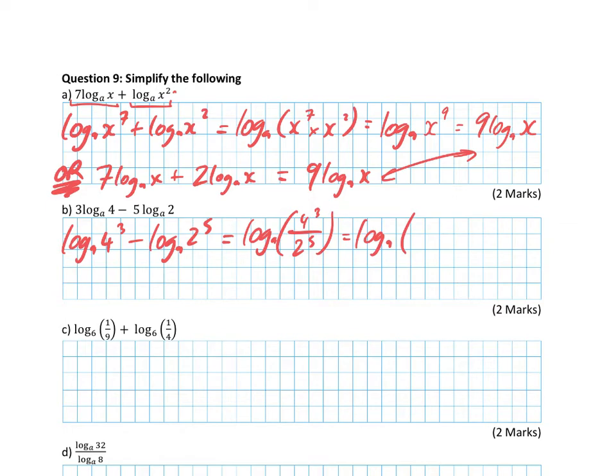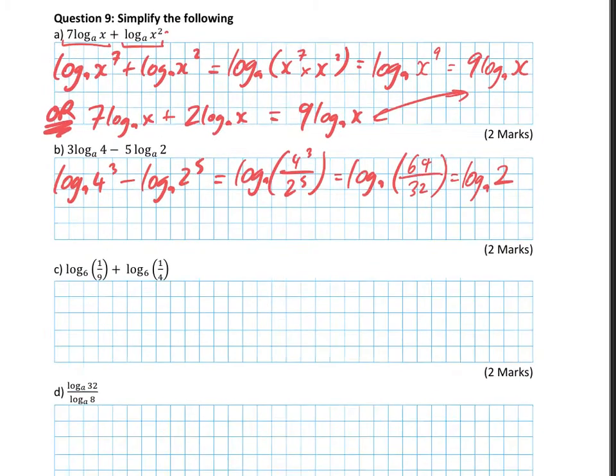What is 4 to the 3? 4 times 4 is 16 times 4 is 64 over 2 to the 5, which we know from before is 32. Log a 64 divided by 32 is 2. I don't see a second option for working that out, but there might be.